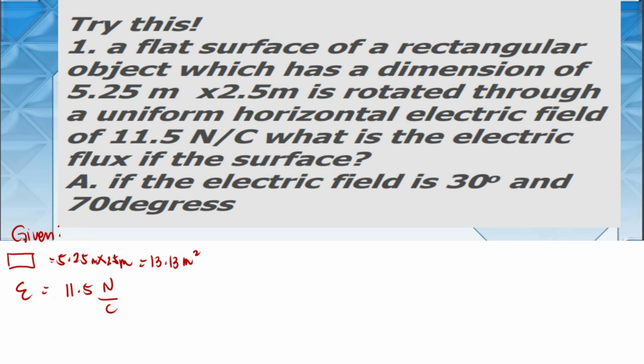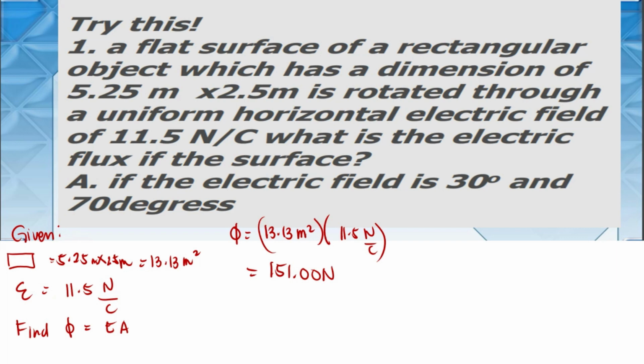So let's try to find the electric flux at a surface itself, the one without an angle yet. So using the formula EA, substitute, we have electric flux is equal to 13.13 meters squared multiplied by the electric field which is 11.5 newtons per coulomb. It's the same even if you reverse the order. So the answer will be 151.00 newton meters squared per coulomb.